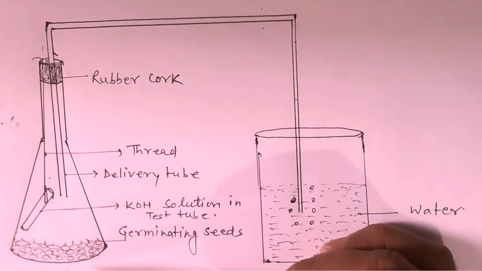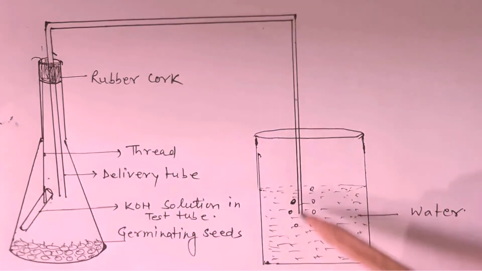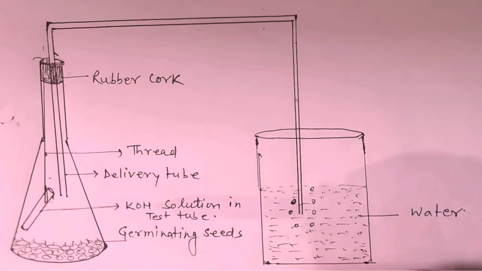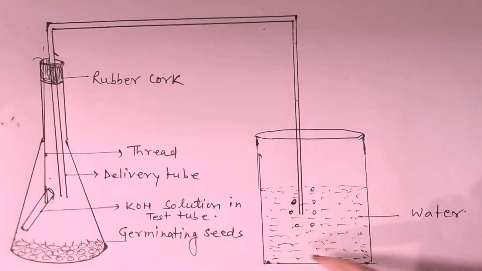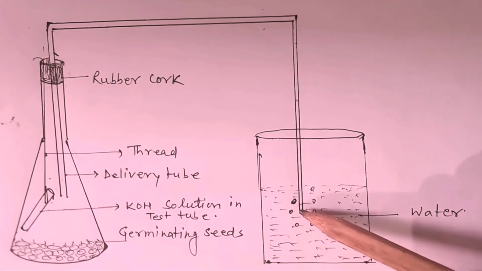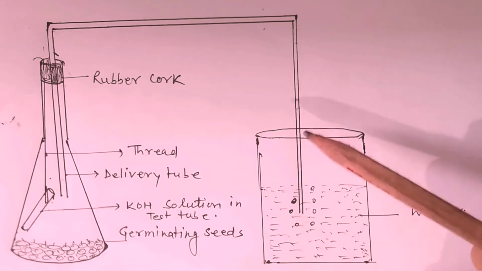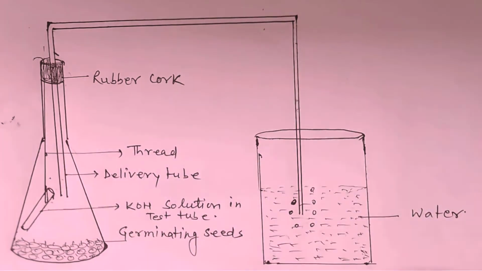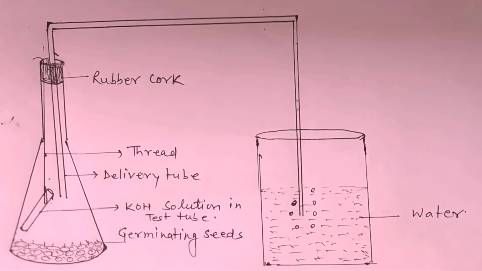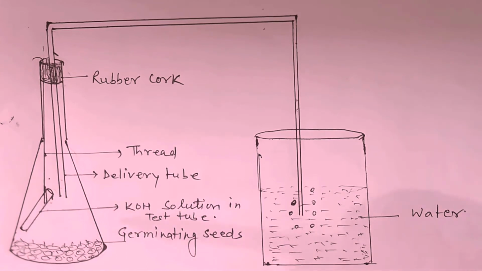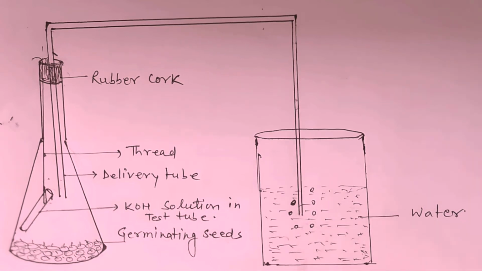Due to that, a low pressure is created, and the water of the beaker starts rising in the delivery tube. In this way, this experimental setup proves that during respiration, CO2 gas is released.